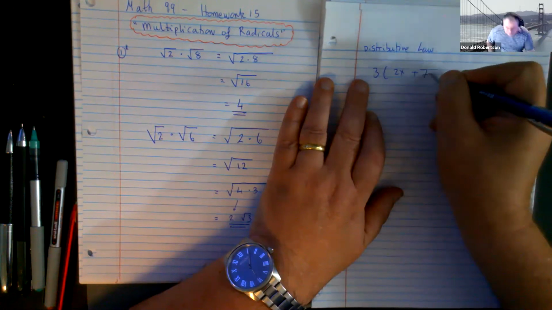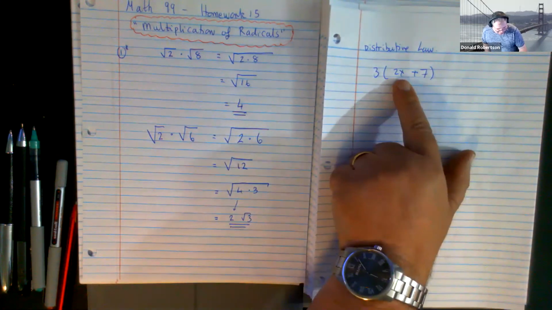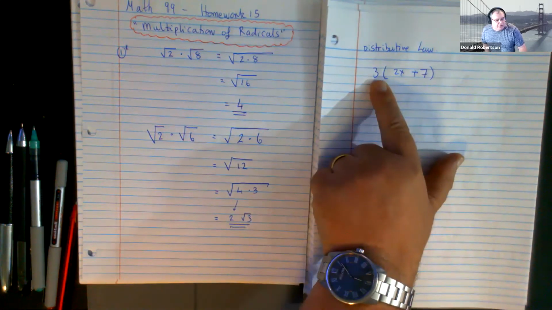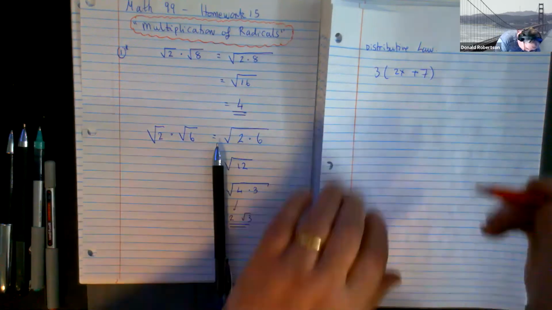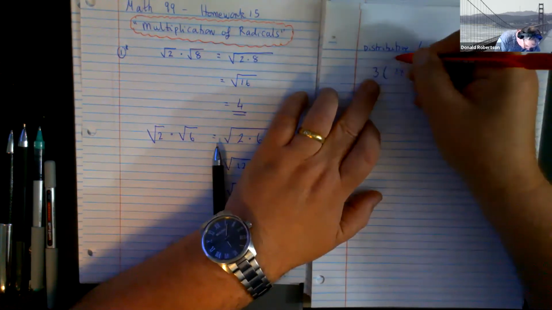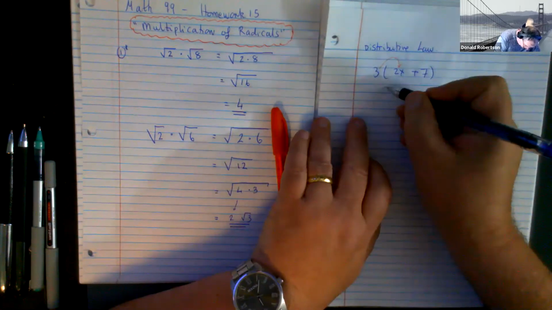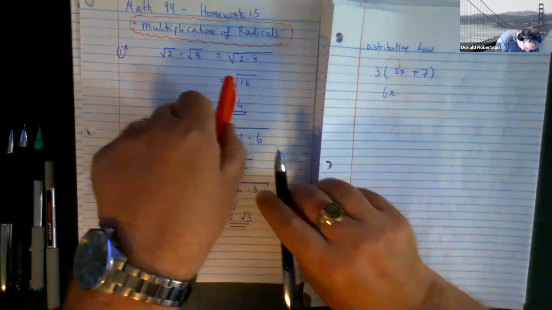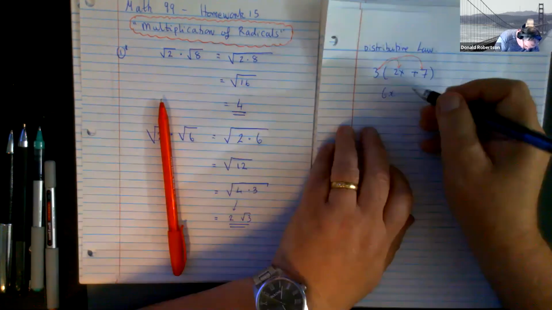Do you remember algebra questions where you had to multiply, in this case, 2x plus 7 by 3? The way that you did it was called the distributive law. Essentially, this 3 multiplies each of these terms. So you go 3 times 2x, which is 6x. And then 3 times plus 7 is 21.